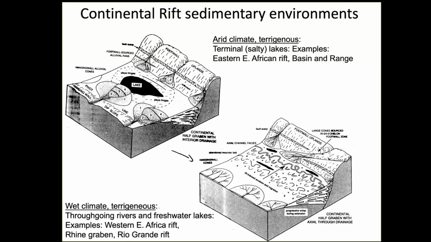Maybe the Great Salt Lake in the United States would be a good example. And you get uplands which are depositing clastic sediments mixing with this stuff. And then in slightly wetter environments, you'll get a through-going river. Like this could be the Rio Grande, right? We'll see this again in East Africa, where the Eastern Rift is more like this, and the Western Rift is more like this.